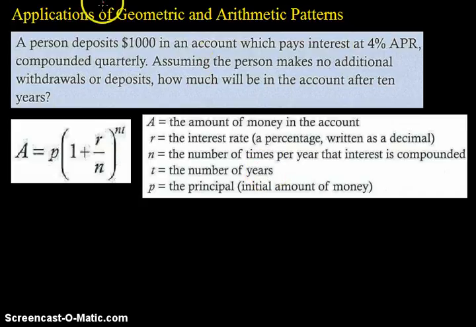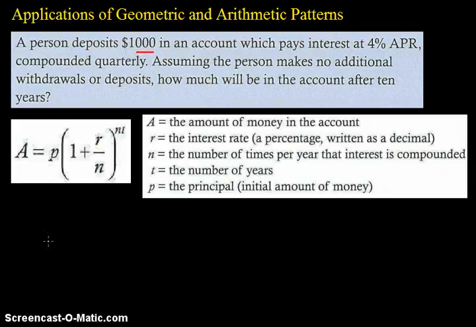Now let's go back to the original question. A person deposits $1,000, so that is my P. My P is equal to 1,000.